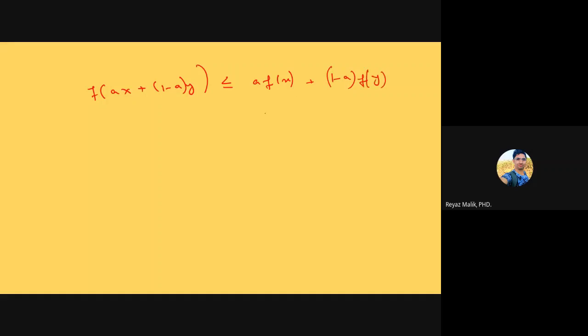That time this function will be called a convex function, where we have x, y that belong to C, the convex set, and a ranges from 0 to 1. Correct? Fine.